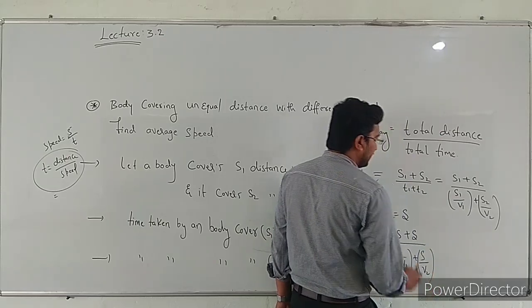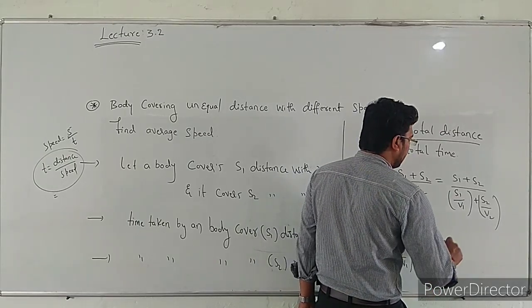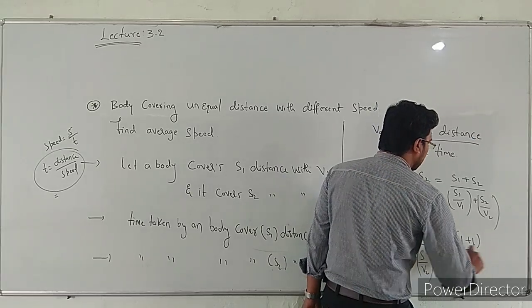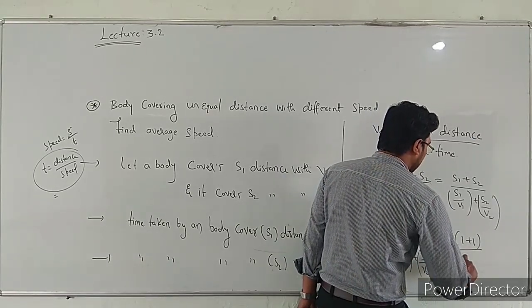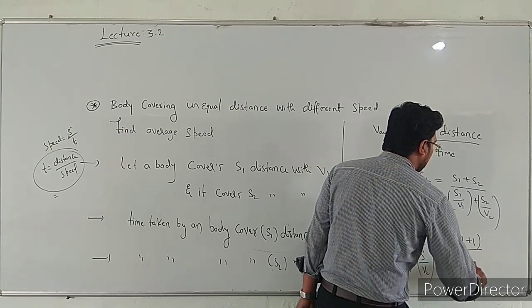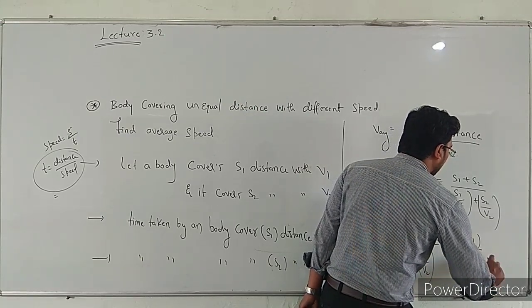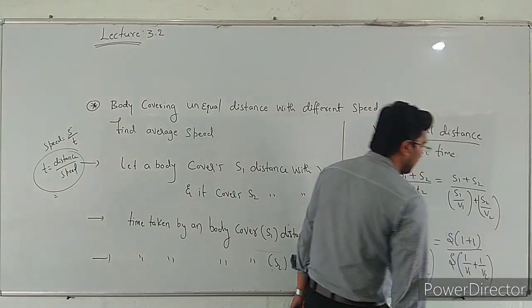In the next step we take s common. If I take s common, the numerator remains 1 plus 1, and the denominator is s times 1 by v1 plus 1 by v2.